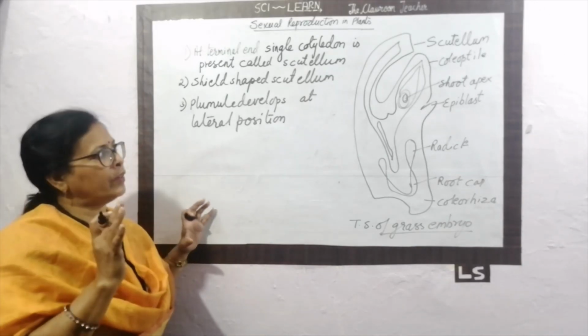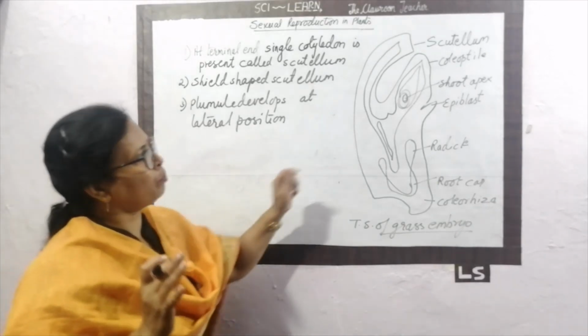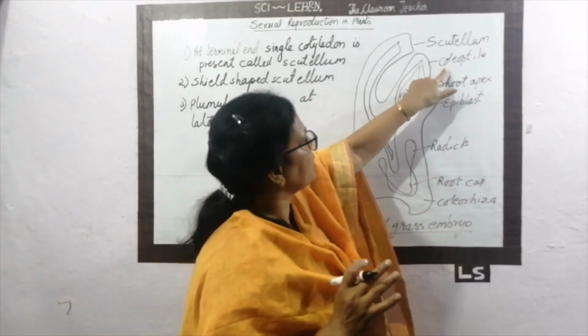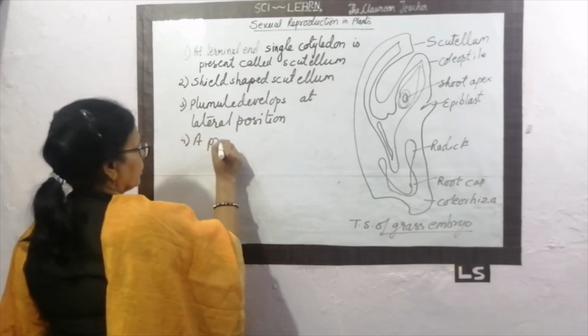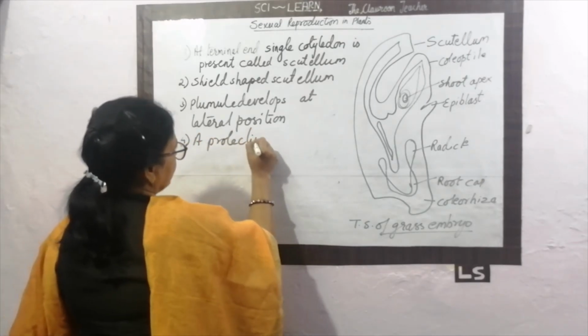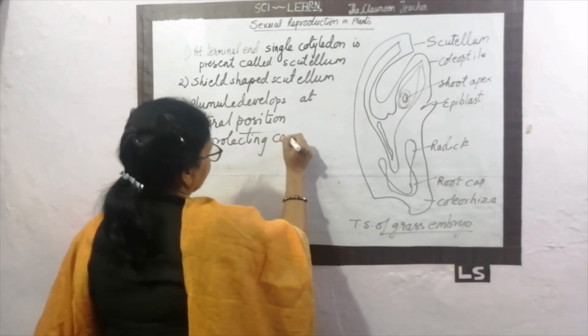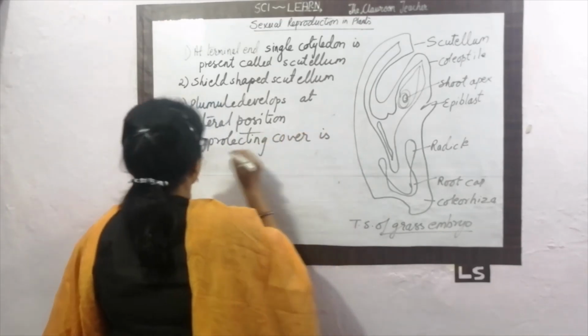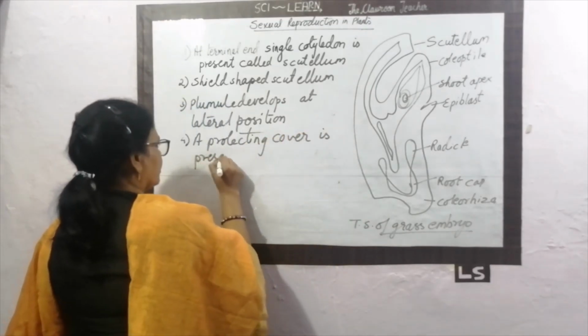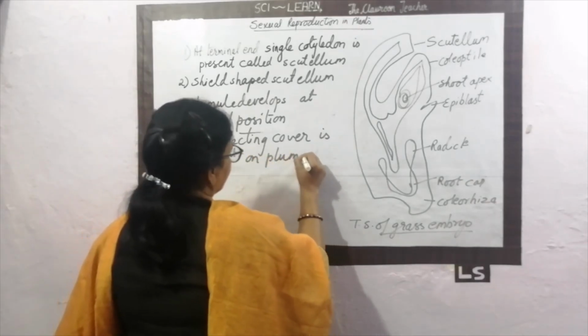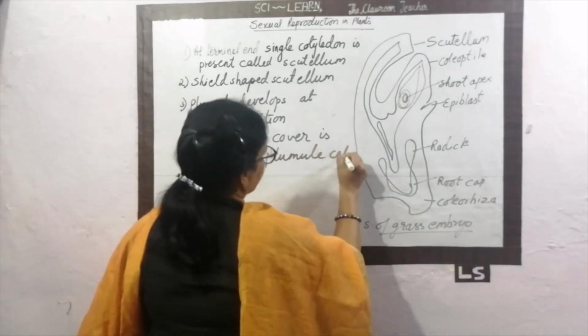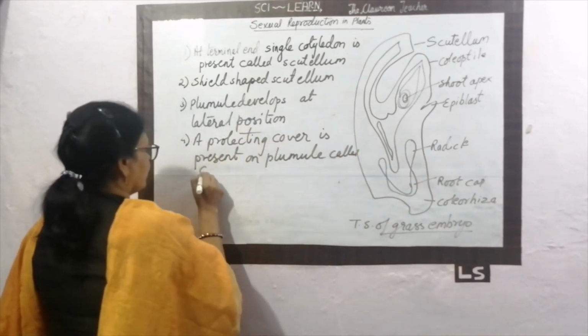The protecting cover which is present over the plumule is called the coleoptile.